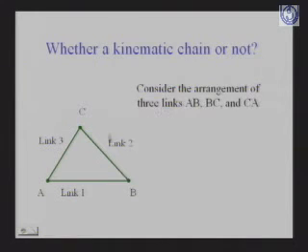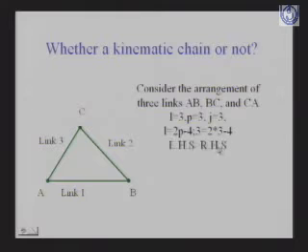Here the number of links is 3, the number of pairs is again 3, and the number of joints is again 3: 1 joint, 2 joints and 3 joints. Now when we put L = 2P - 4, you will see that on the left hand side L is equal to 3, while on the right hand side we are getting only 2. So the left hand side is greater than the RHS.